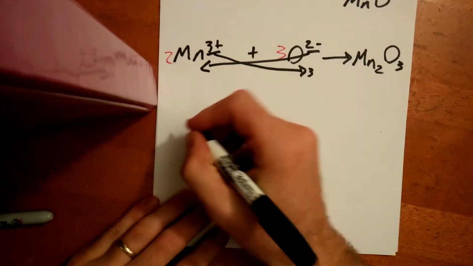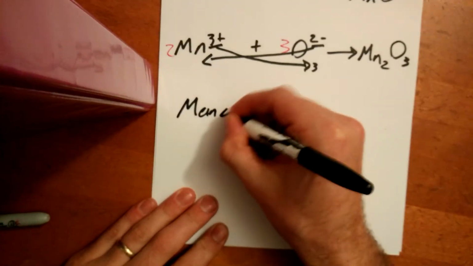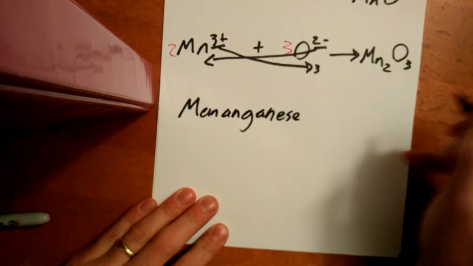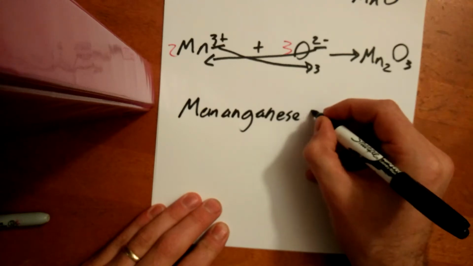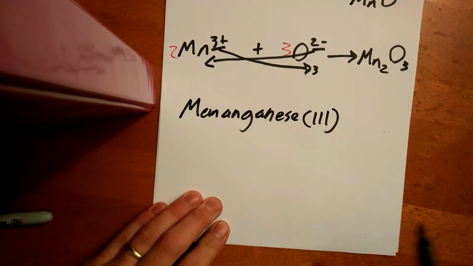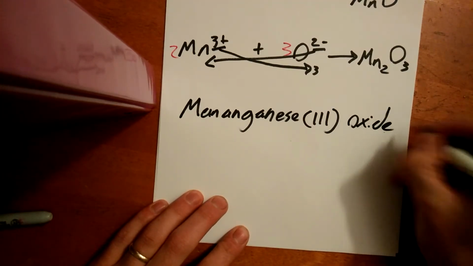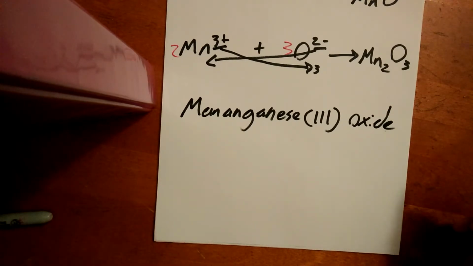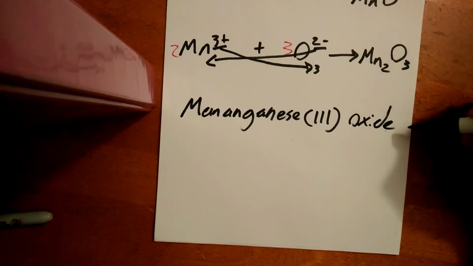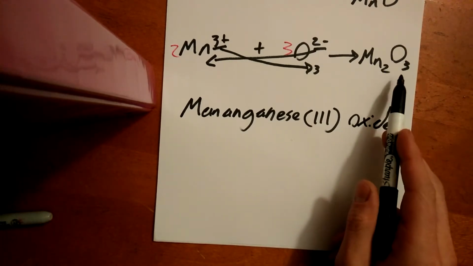So for this one, we call it manganese, and we're going to put the Roman numeral for 3, because it was a positive 3 charge, oxide. And you'll notice I finished off the word for oxygen. Instead of saying manganese 3 oxygen, it's oxide. That's just how we finish it off with chemistry when it's a simple one.